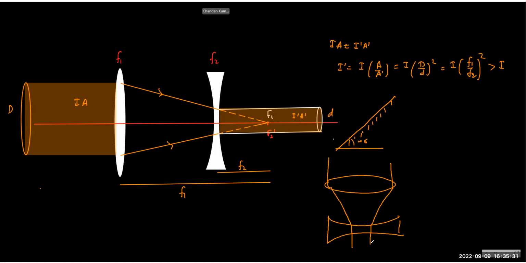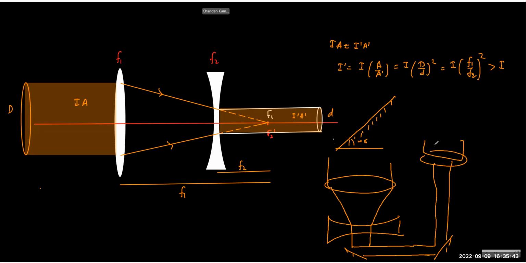But I again need a furnace, so I'll put a mirror here at 45. So this entire beam will bend like this. And I'll put one more mirror here and bend it. So now I can put a furnace on this. I will put a pot and something to receive. This is a nice project if you can really achieve this, and you can probably sell it in the market. The solar cooker, free of cost.